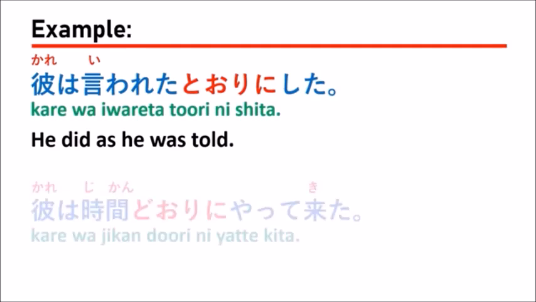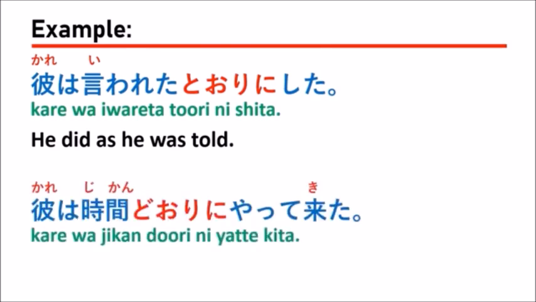Let's see the next. 彼は時間通りにやってきた。Which means he arrived on time. In this sentence, you see they use a noun, right?